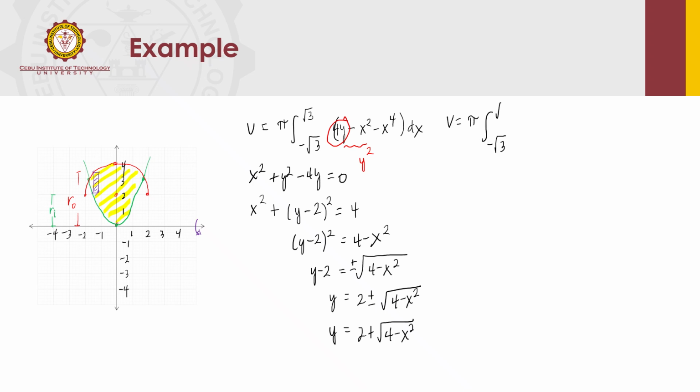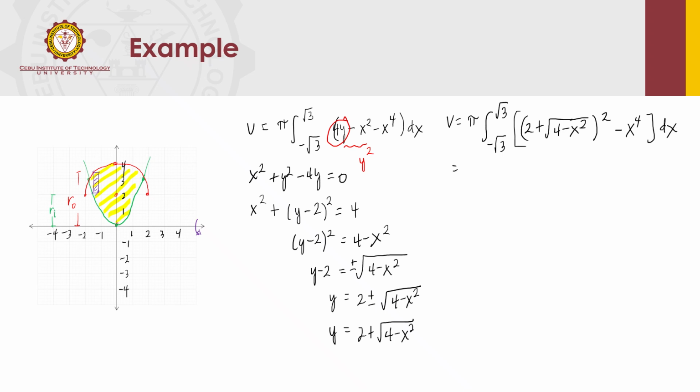So that's y, which is 2 plus square root of 4 minus x squared, and then quantity squared, that's for y squared. And no problem with the next term because it's ready for the parabola.